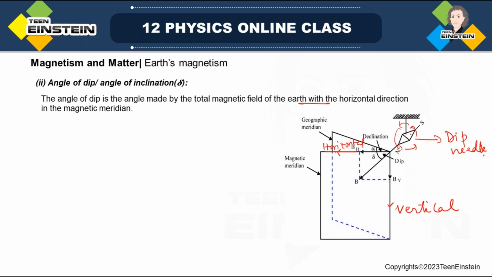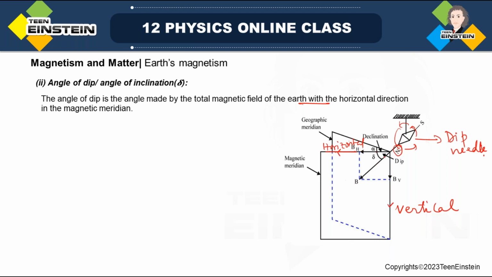At the equilibrium position, the dip needle will orient in the direction of the total magnetic field of the Earth.